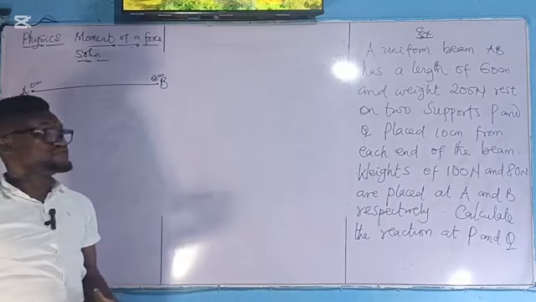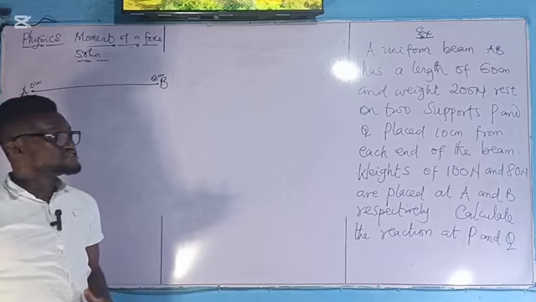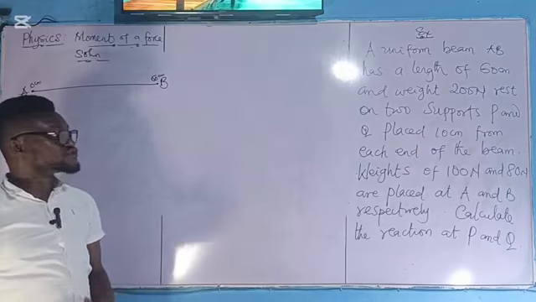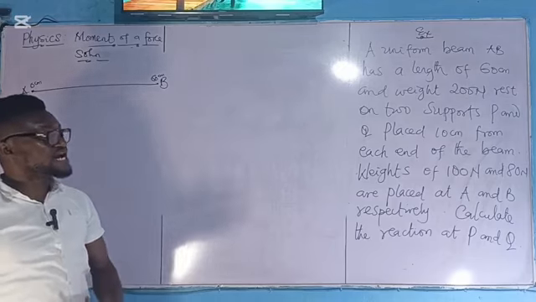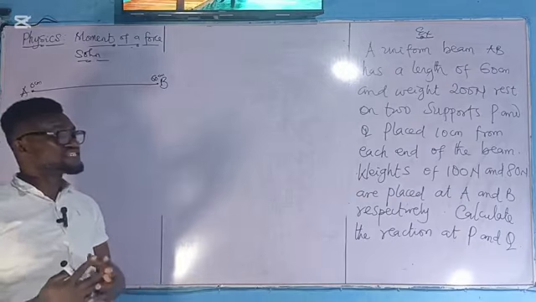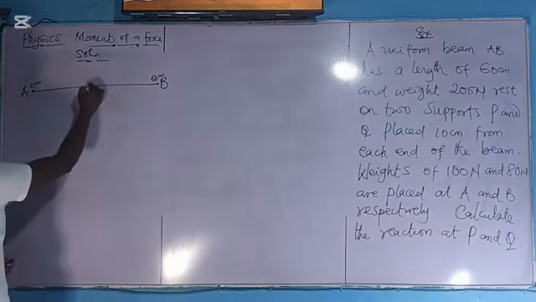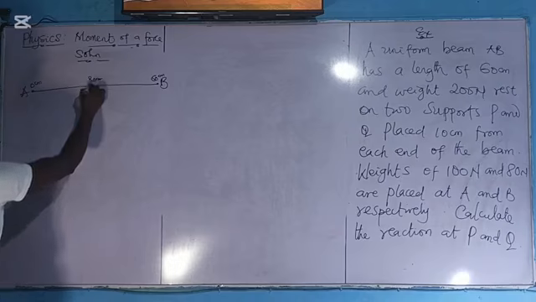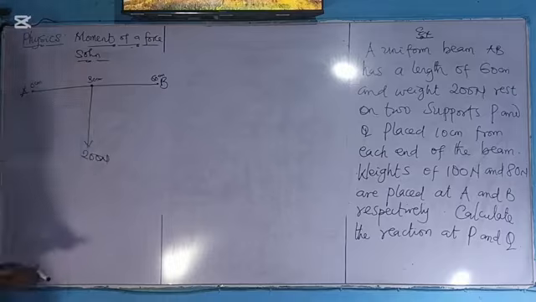So the beam is a uniform one. So the center of gravity is that very point where the weight of the body acts most. So where the weight, which is 200 Newton, acts most, will now be at the center, and the center of 60 cm should be 30 cm. That's the midpoint. So the midpoint here will be 30 cm. Okay? So the weight of 200 Newton will act from this 30 cm.